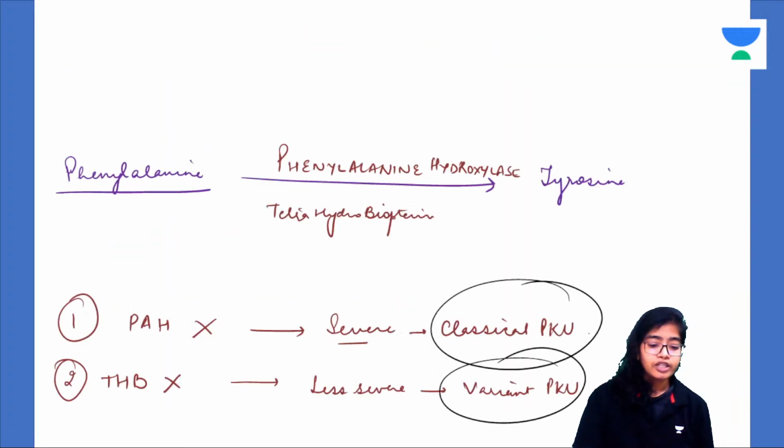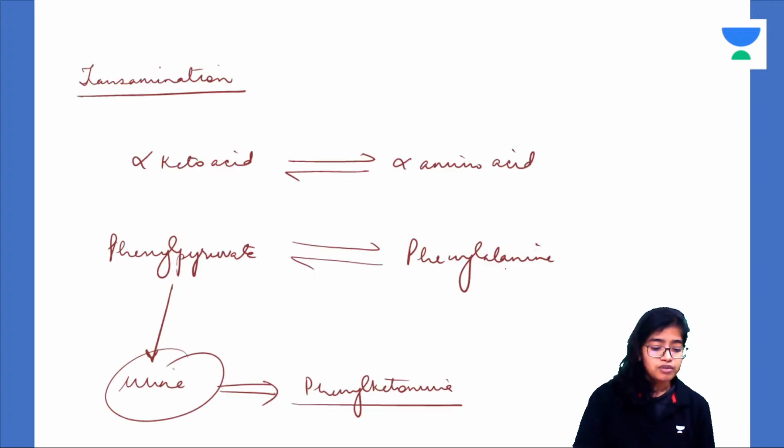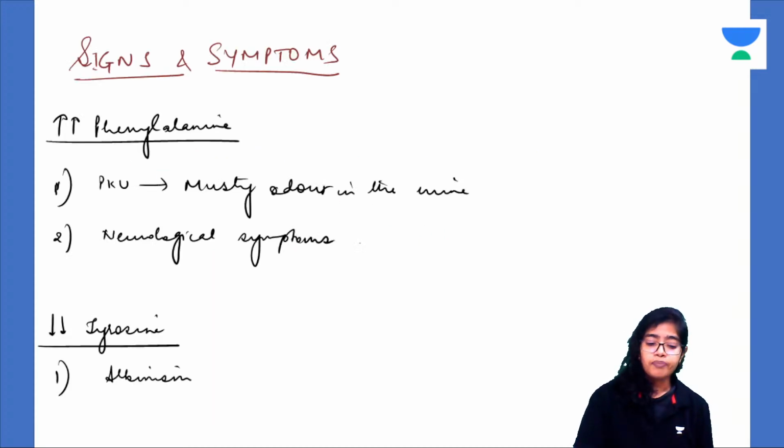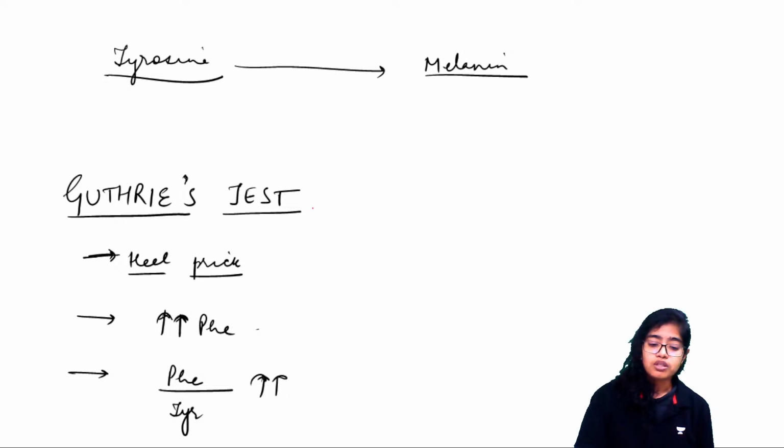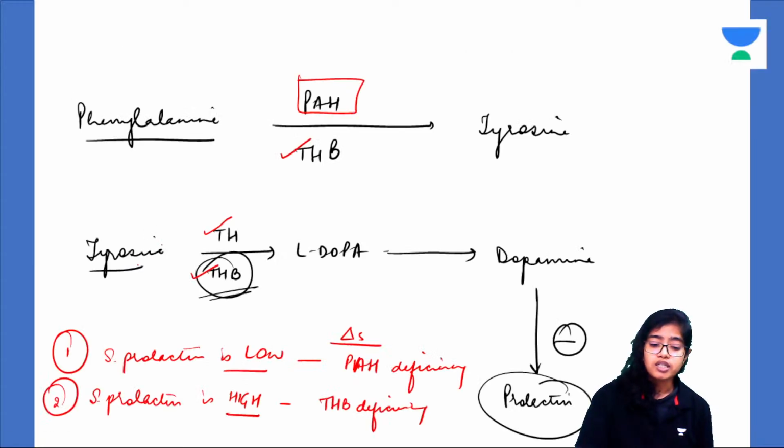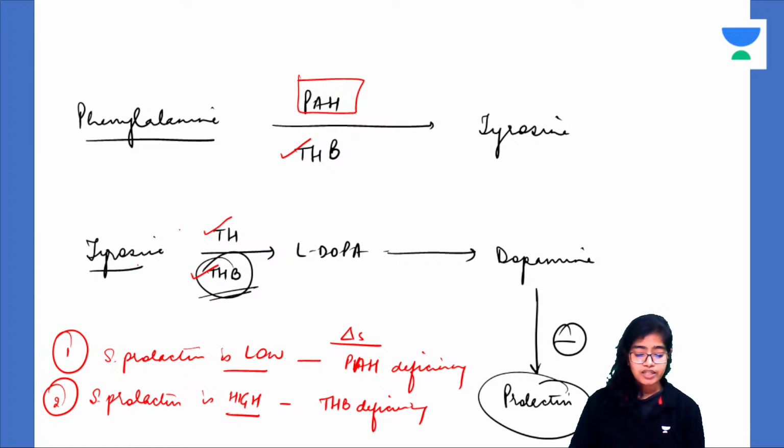Okay, phenylketonuria: the symptoms and signs, types of phenylketonuria, why it is called phenylketonuria, signs and symptoms attributed to excess phenylalanine or decreased tyrosine, the basis of the symptoms, the Guthrie test, and how do you differentiate between phenylalanine hydroxylase and tetrahydrobiopterin deficiency. Okay, I hope you have understood this.